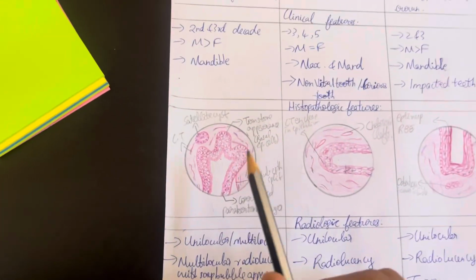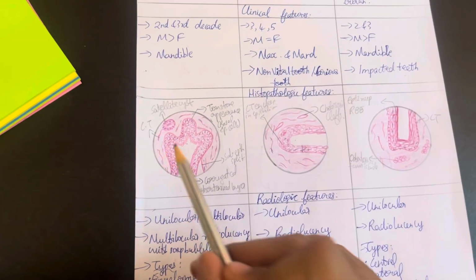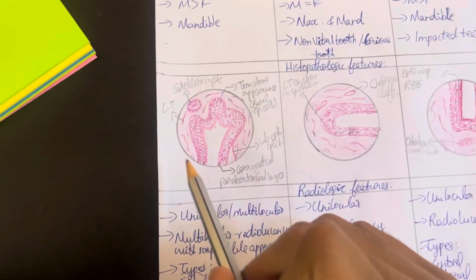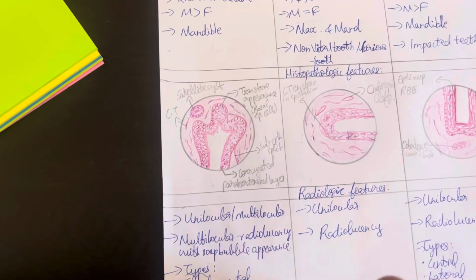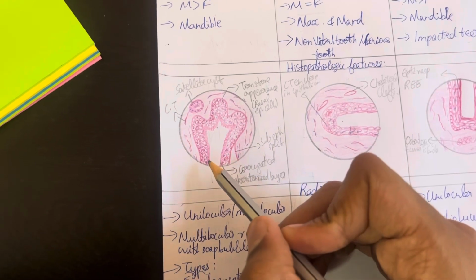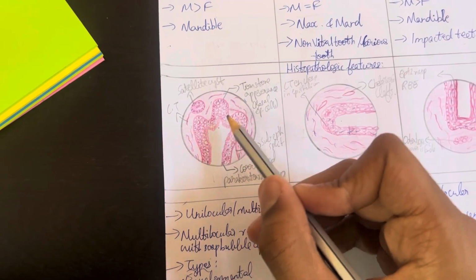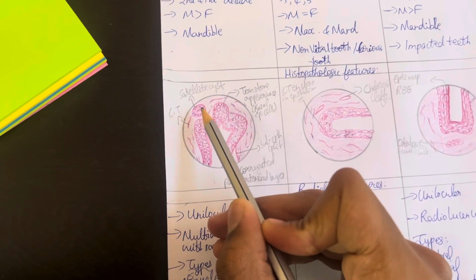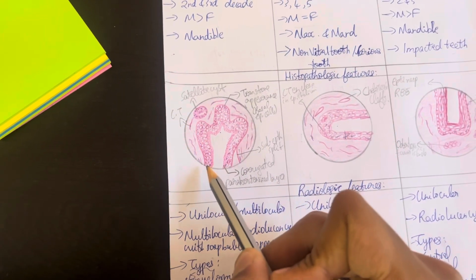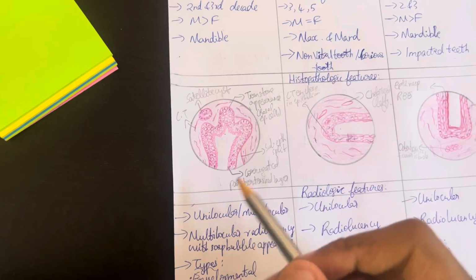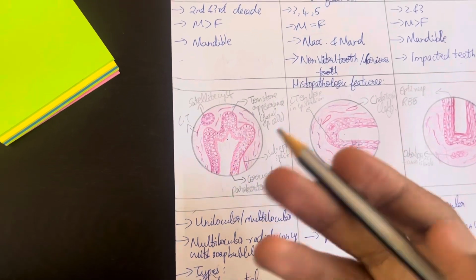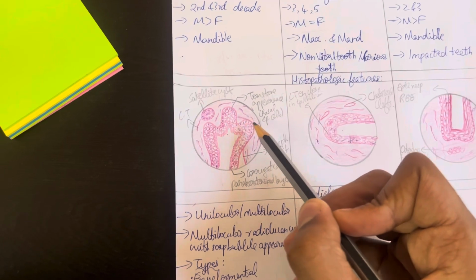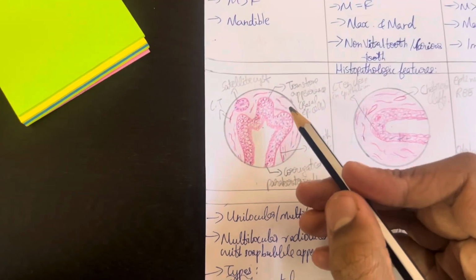Now coming to the histopathological features. If you have studied the OKC, radicular cyst and dentigerous cyst, you would know the outline of the histopathology. They have a parakeratinized layer which is corrugated. That is one point. And then the basal cells appear to be palisading, and the nucleus is polarized, so they give a tombstone appearance.